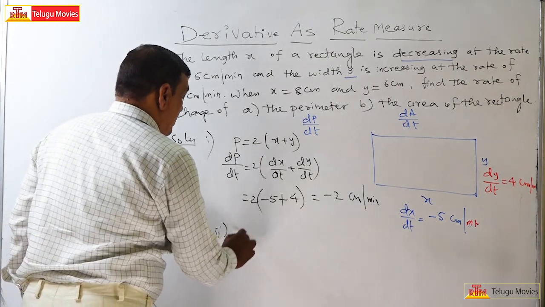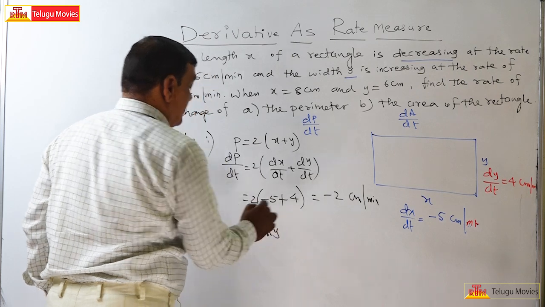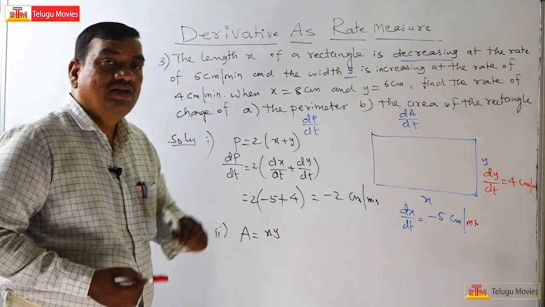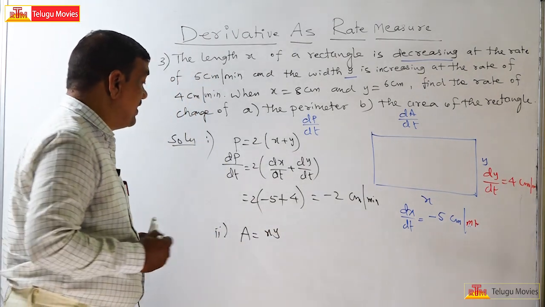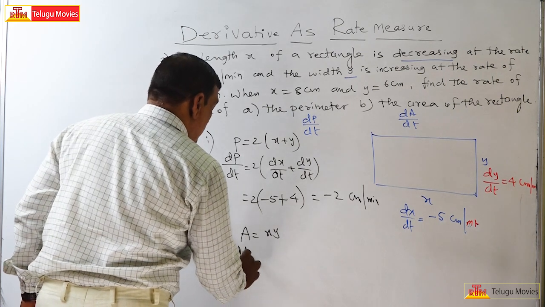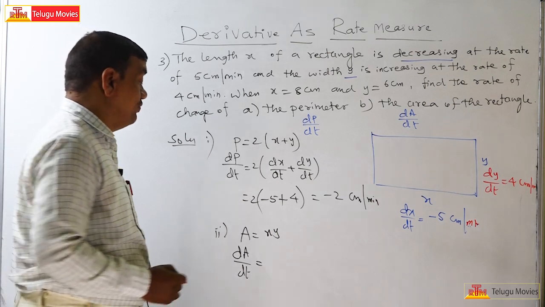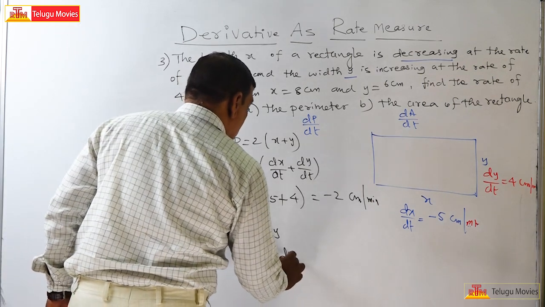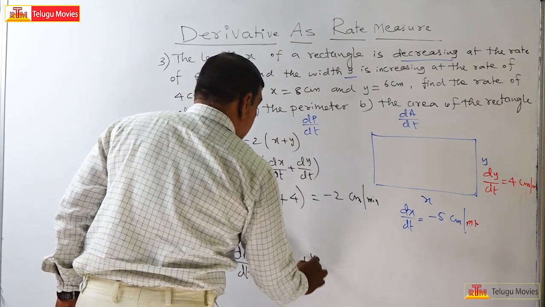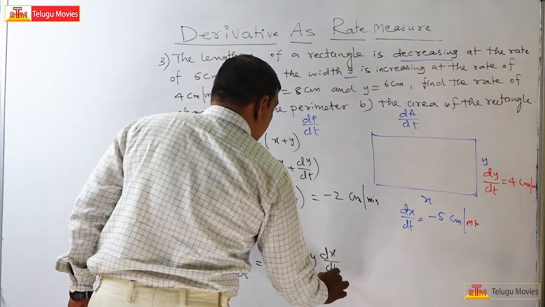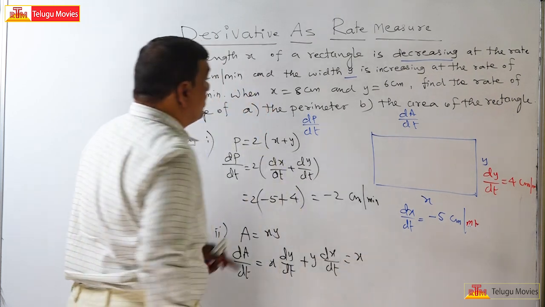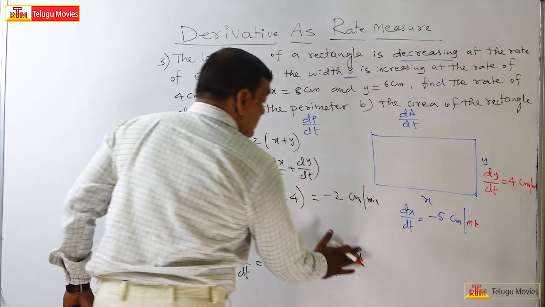Coming to the second one, area, length into breadth. Area is equal to how much? Length into breadth. So let us find out dA by dt, the rate of change of area. This is a product formula, u into v. So therefore x into dy by dt plus y into dx by dt. The x value is already given, 8 centimeters.